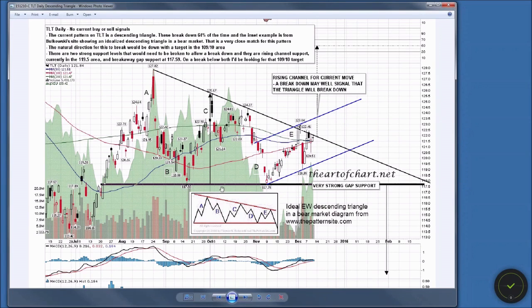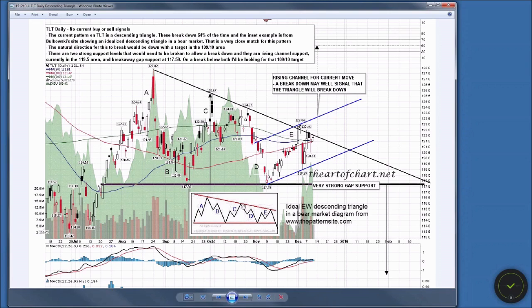Now, of course, this is bonds, so bonds are in a bear market, and if you look at it, it comes up A, B, C, D, E. All it has to do is break down. That's exactly it. I love it.